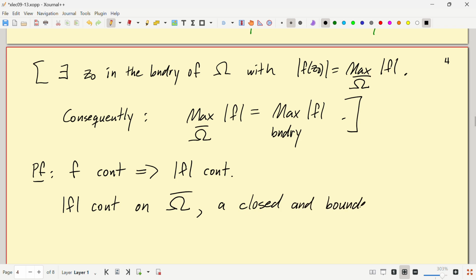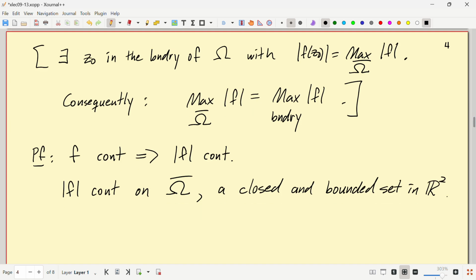And in R2, closed and bounded sets are exactly the compact sets. A compact set. Okay, that's a theorem that you learn in some place, Math 341 or 440.